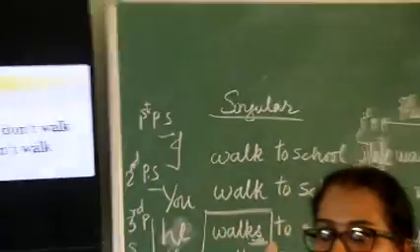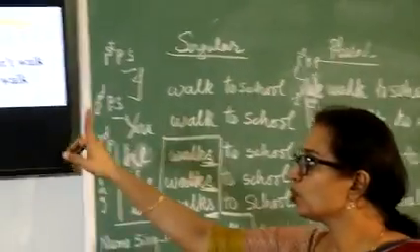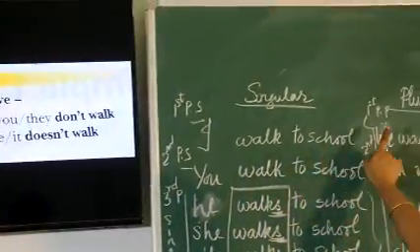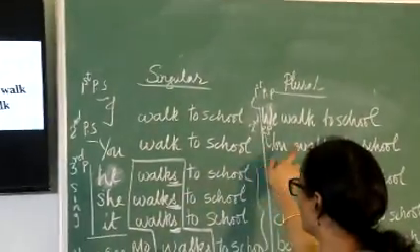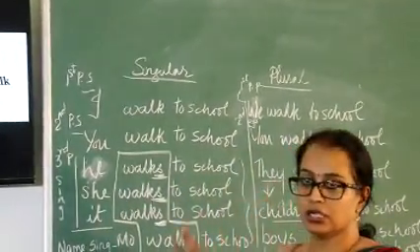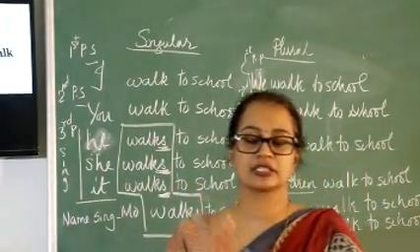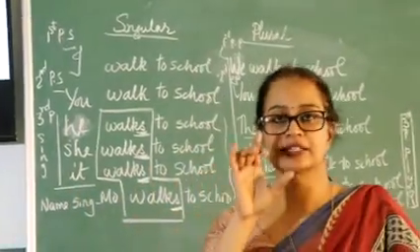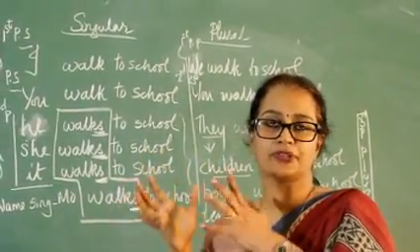I told you, I is an exception. Though it is singular, it is an exception. So I walk. You walk. We walk. You as a plural, the whole class, you walk. They walk. Children walk. Boys walk. Teachers walk. So all this, when the sentence is positive, they take the base form of the verb.